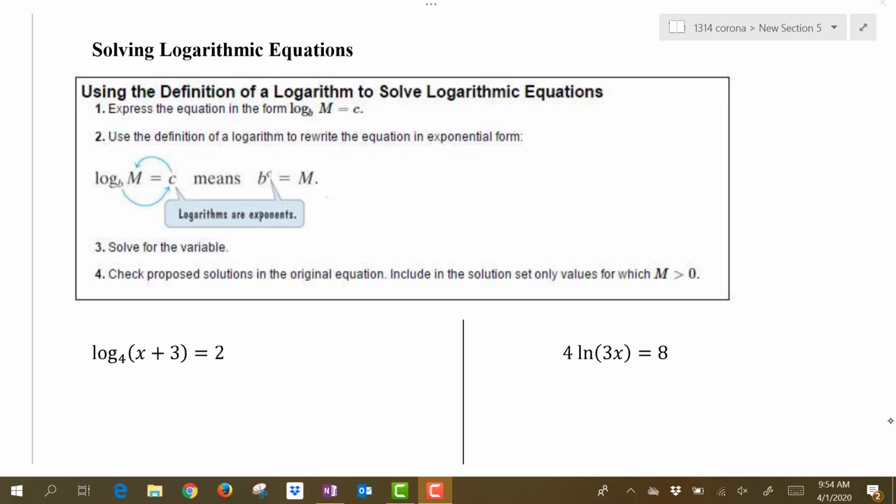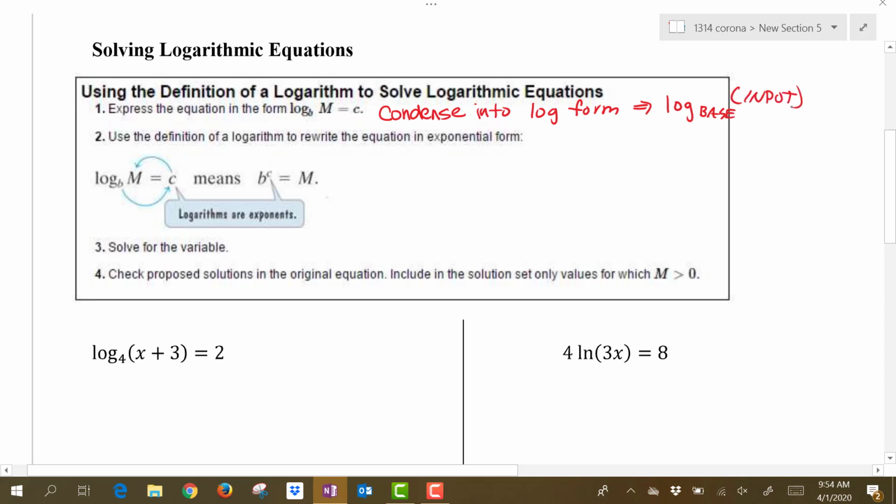So our first step is a very familiar first step. Our first step is to condense. We've talked about using log properties to condense. We want to condense into log form, and we've talked about log form already as well. Condensing into log form means we want the log, we want the base, and we want the input.